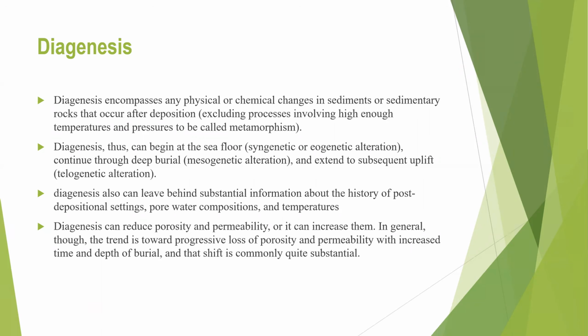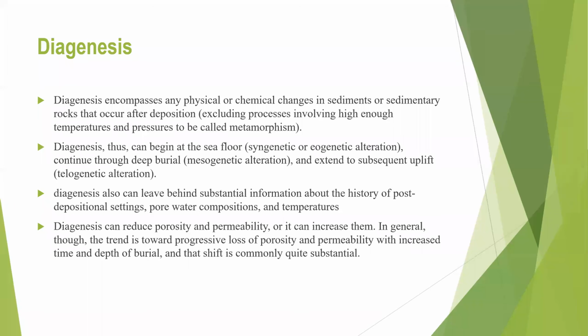So the diagenesis system is very important for us, because it creates porosity. As a reservoir geologist, as a carbonate sedimentologist, porosity and permeability are very important for us because we are looking for reservoirs.